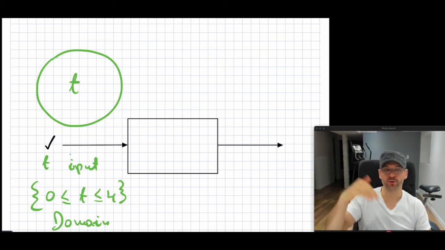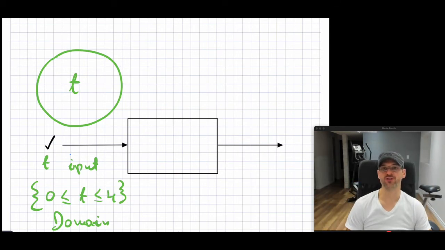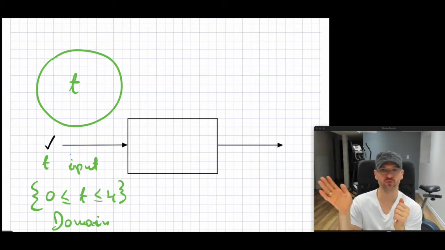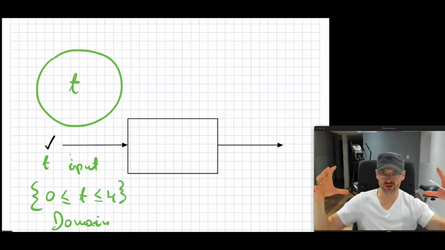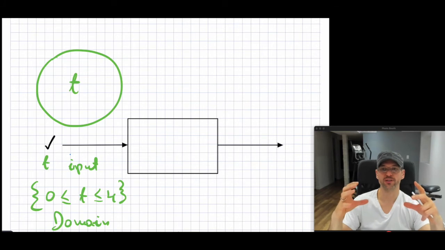So your inputs into whatever system you have are being restricted. Your domain is only allowed to be between 0 and 4. So there is no -1, there is no -2, and then there is no 5, no 6, no 7, nothing like that. You have restricted your input, which will also restrict your output.